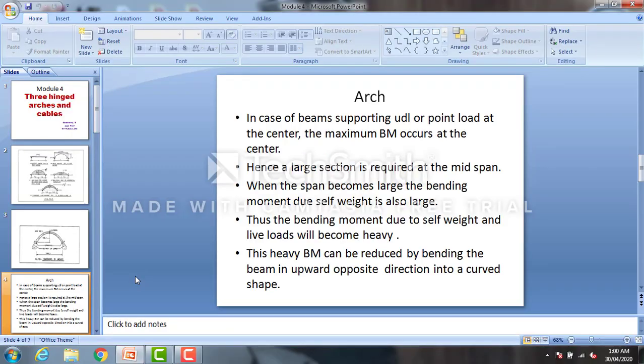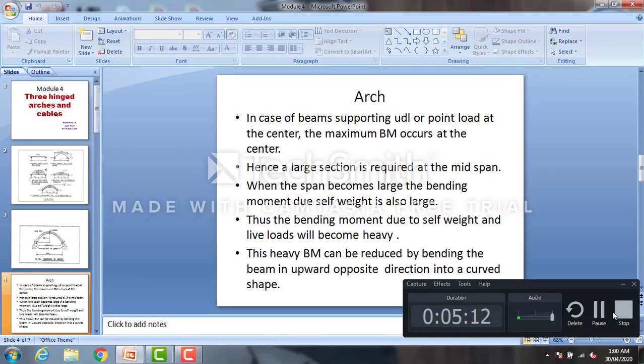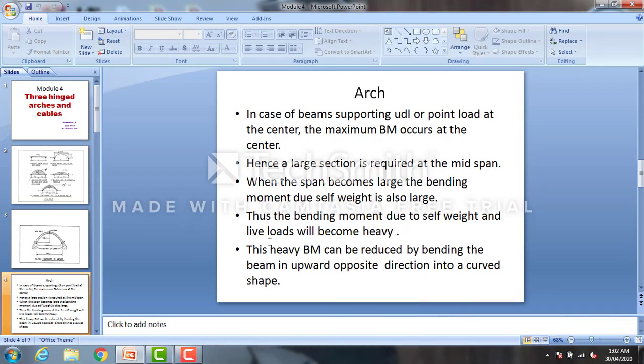This heavy bending moment can be reduced by bending the beam in the upward opposite direction in a curved shape. So the sagging bending moment is countered by the hogging bending moment because of horizontal thrust.